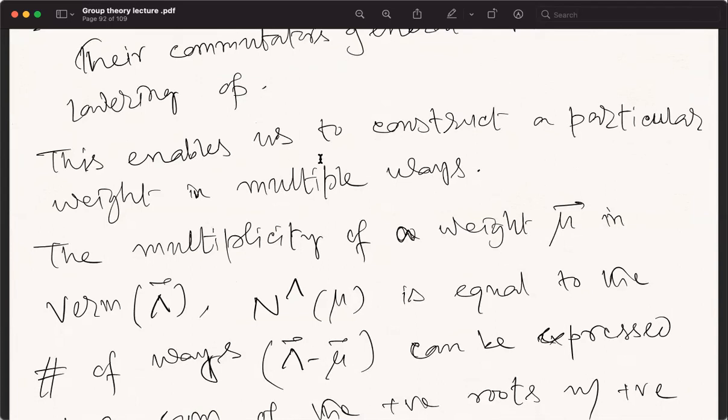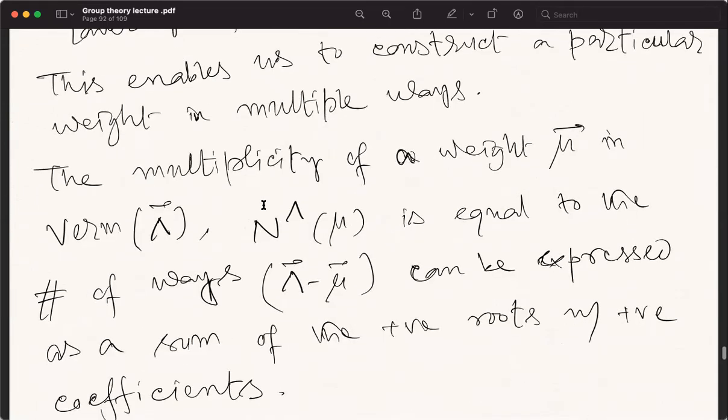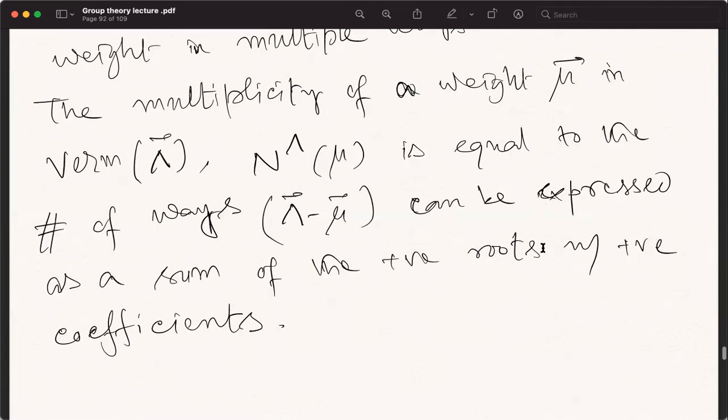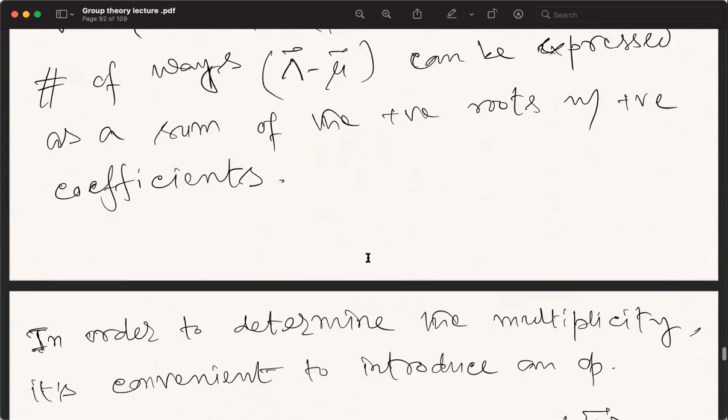So the multiplicity of a weight mu in Verma lambda is defined as n lambda mu, which is not a power but an index, equal to the number of ways lambda minus mu can be expressed as a sum of the positive roots with positive coefficients. That gives the multiplicity, that is, how many ways we can express it.